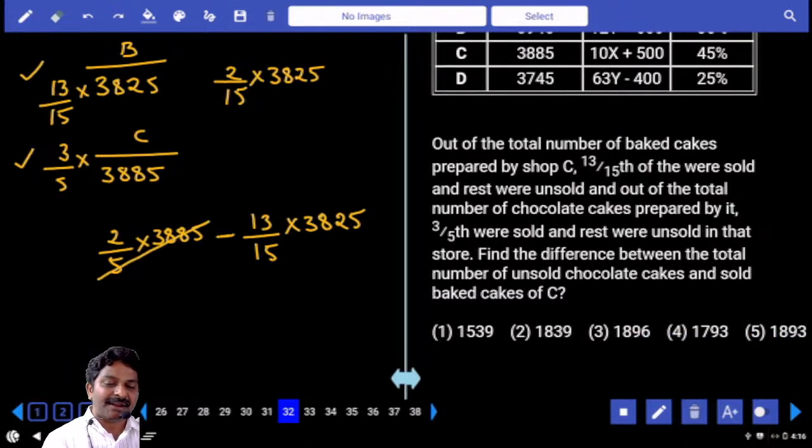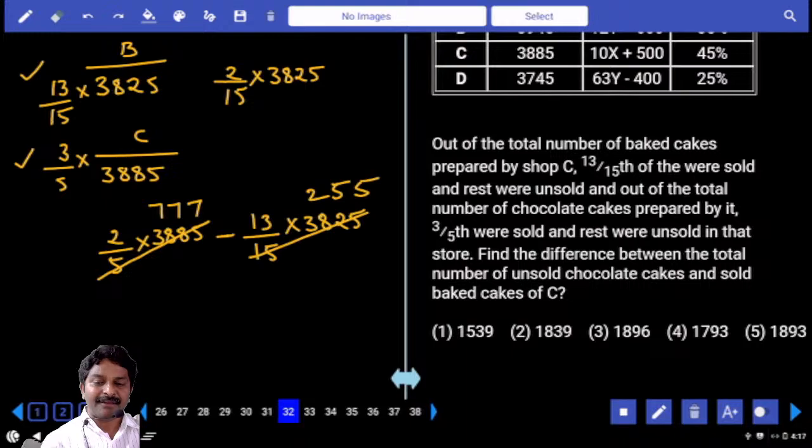Let's first eliminate by cancellation here. 5 7s are 35, again 7 times, again 7 times. Now cancellation with 15, 2 times, 82 we have 5 times, again 5 times.